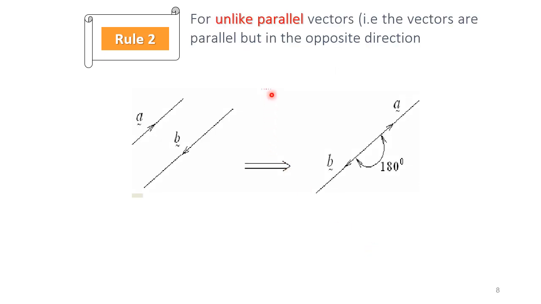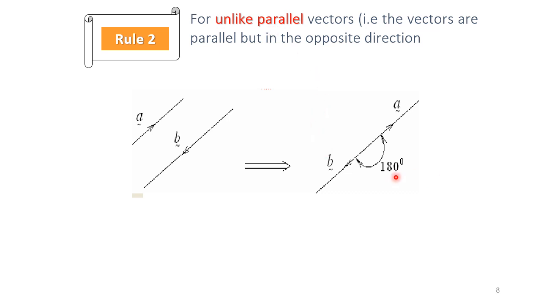Next, the second rule. What is unlike parallel? Unlike parallel is when the two vectors seem parallel but are in opposite directions.